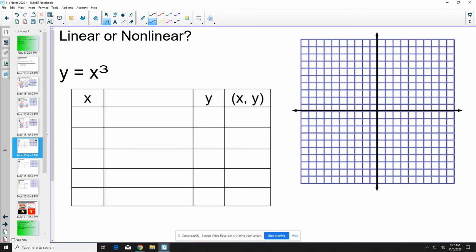All right, let's look at our next one. We're going to do y equals x to the third. So I want you to pause the video now, copy your graph and your table. Copy your table, draw your x and y axis on your graph paper. When you get done, hit play.